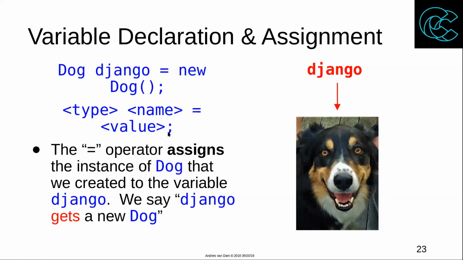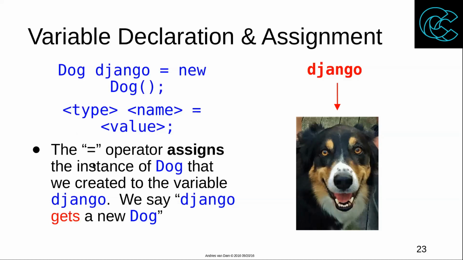So there are two types. One is the basic data types, which are int, float, double, string, and so on. The other is the custom type, which you can create using classes. So dog here is called a custom data type, or user defined data type. Both are the same.